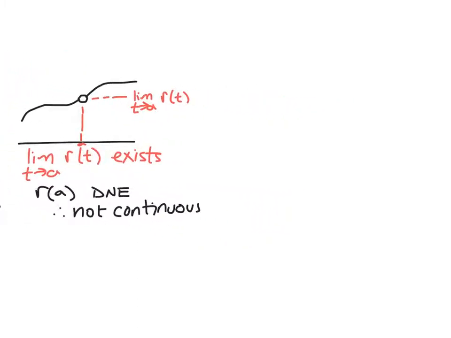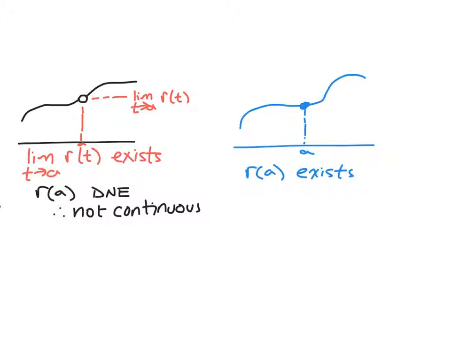One final possibility here would be another piecewise function. r of a exists. It's a solid point.